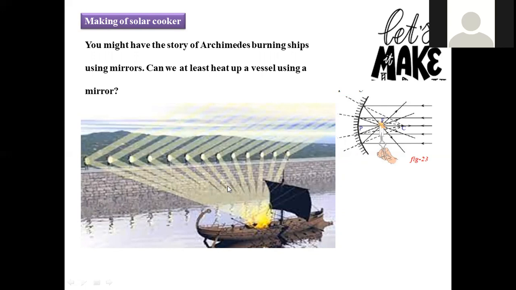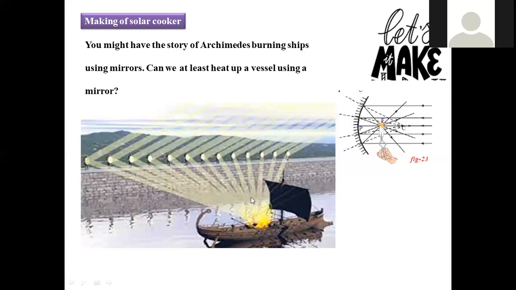So when all the sun rays are concentrated at a particular region, what happens? That will increase the intensity so that burning is possible, so that high heat and radiation will be generated, because all are focused only at that particular point. In that way, he used this concept for burning ships.